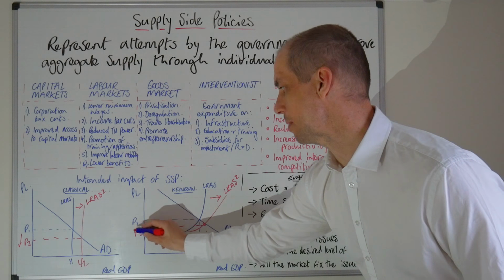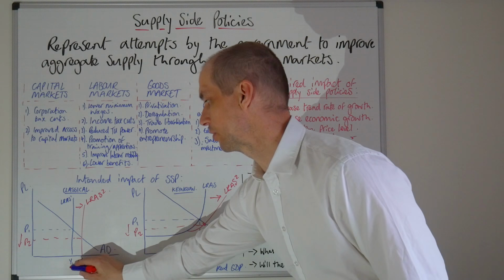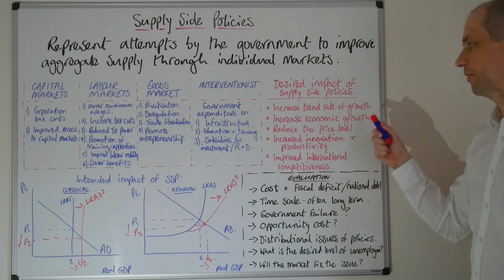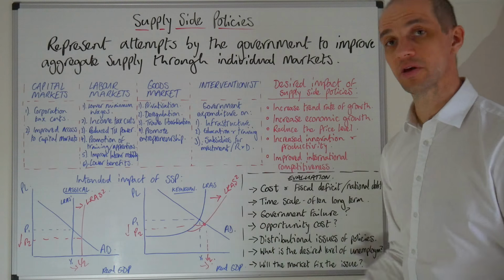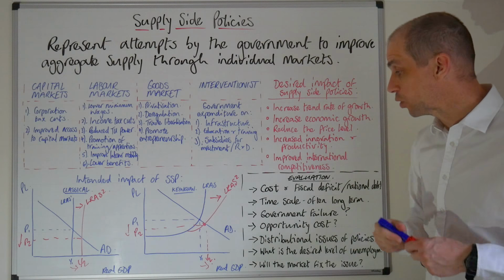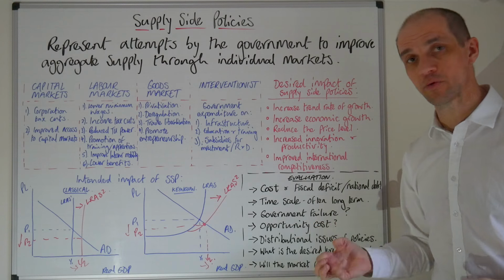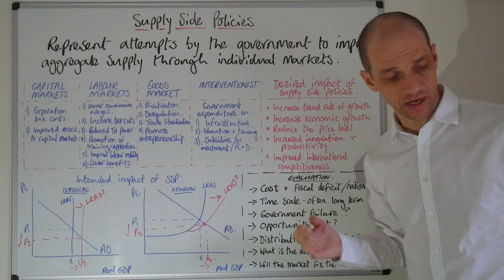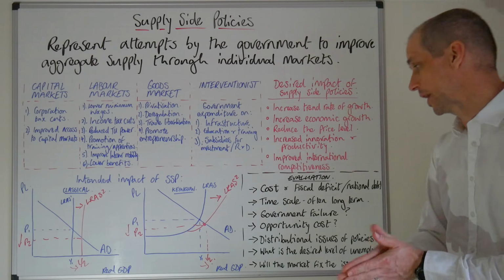Okay, so the impact is much the same, really. We see those intentions of increased economic growth and reduced price level quite clearly in those diagrams. Really, the question is, to what extent will they really help to generate such improvements? Okay, so this leads us on nicely to our evaluative points here.